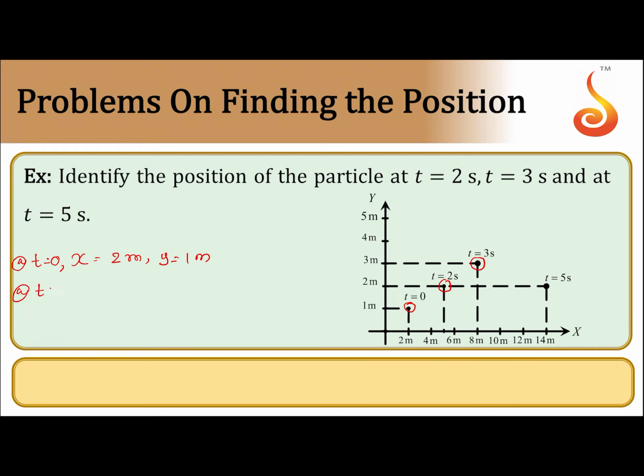At t equal to 2 seconds, what is x? If I look at this, this corresponds to 5, isn't it? And this corresponds to 2. So, at this instant of time, the value of x is 6 meters. And what is the corresponding position on y? It is 2 meters.